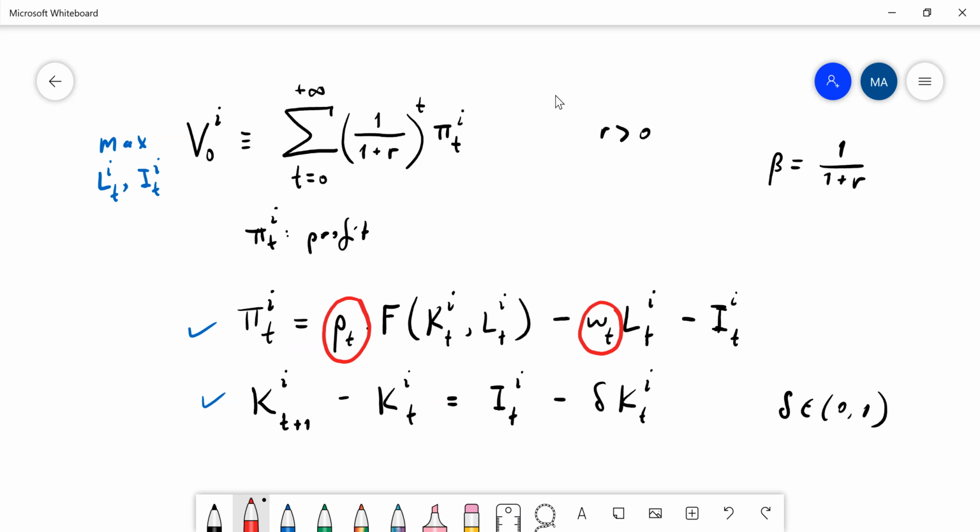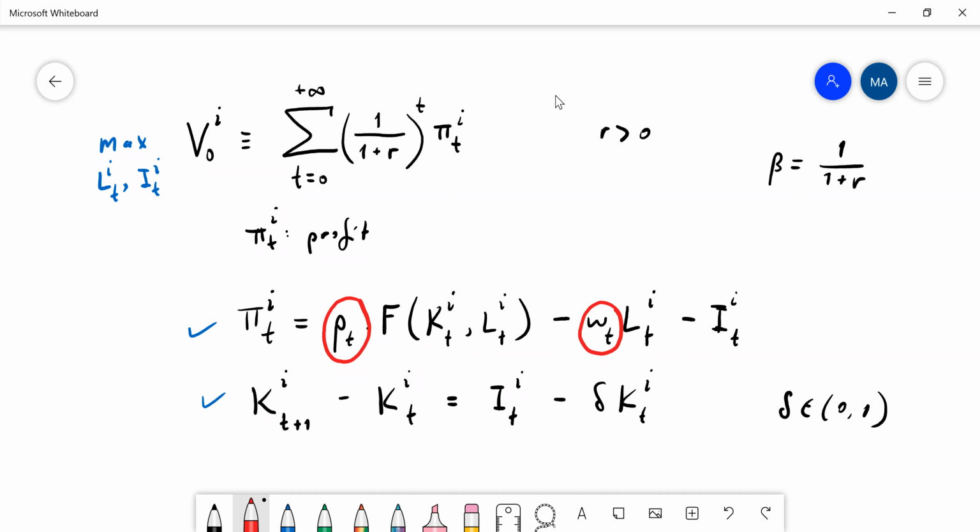So once again, you can use a Lagrangian, or you can use other methods such as dynamic programming. This is a bit advanced, but that's how it works.